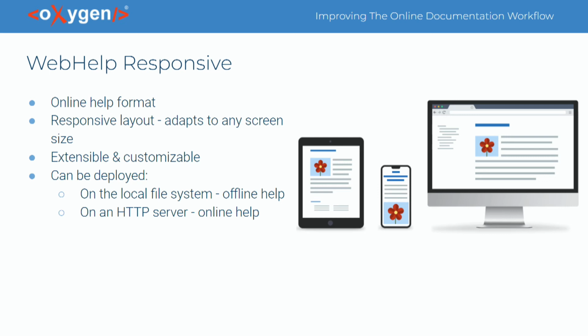You can deploy it on an HTTP server in order to make it available via the internet, or you can embed it in a software product to use it as offline help.